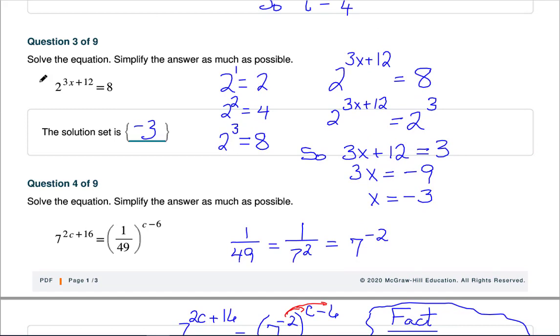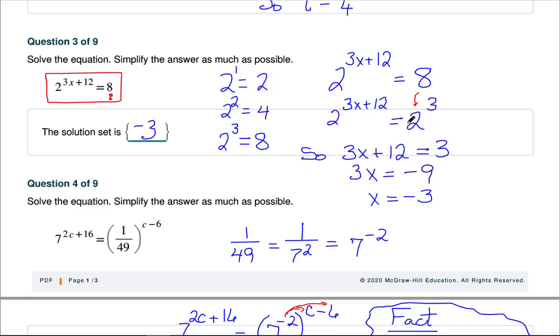All right, question 3. We have 2 to the 3x plus 12 is 8. So the secret is we need to start with the 8. What is 8? Well, again, 2 to the 1 is 2. 2 squared is 4. 2 cubed is 8. So I'm going to rewrite this 8 as 2 cubed.